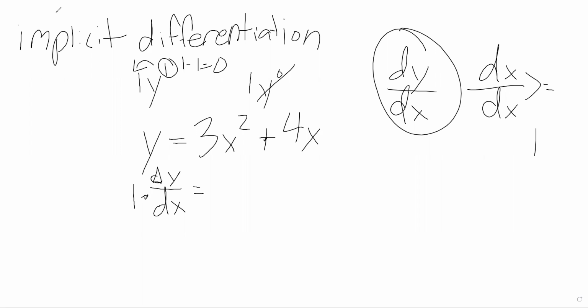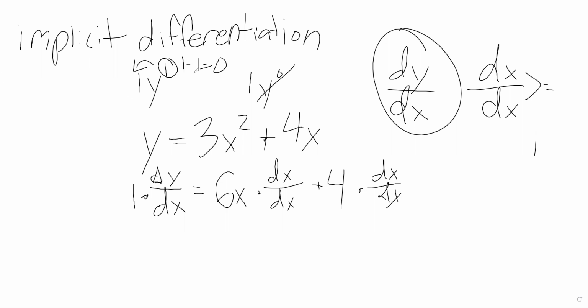Then we take the derivative of the right side. We have 6x, but again, we took the derivative of an x, so dx over dx, plus 4, and again, derivative of an x, dx over dx.